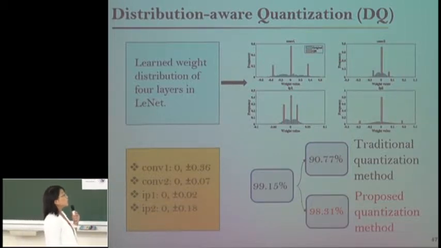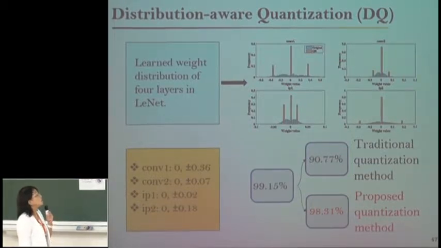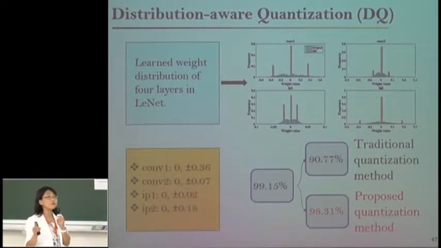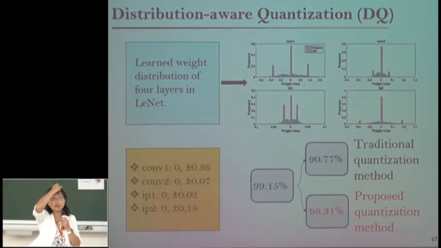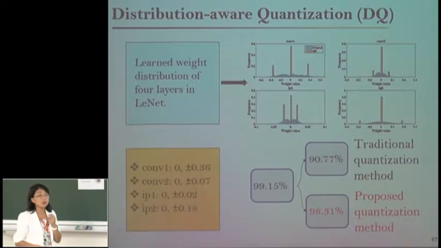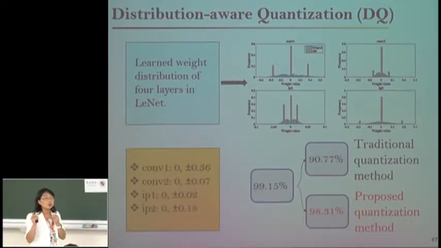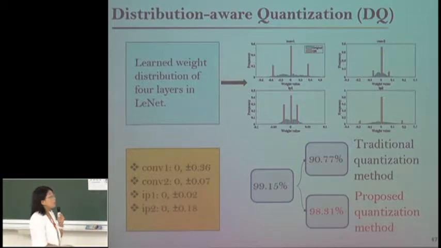So what we propose is layer-wise quantization: optimize the selection of the weight threshold for each layer instead of using one uniform selection for all layers. For LeNet, theoretical accuracy is 99% and traditional quantization 90%. By just doing this distribution-aware quantization, we can recover to 98%. Of course, this is also because the network is so simple.